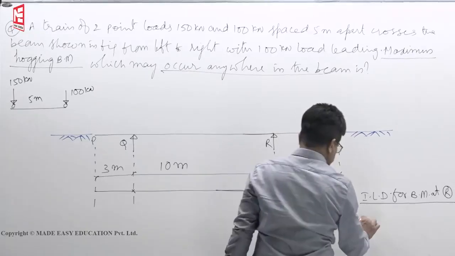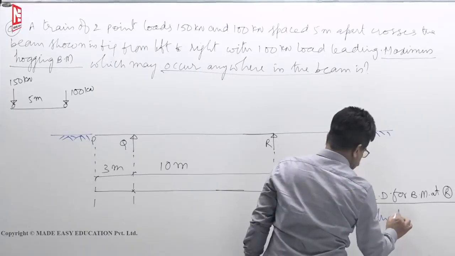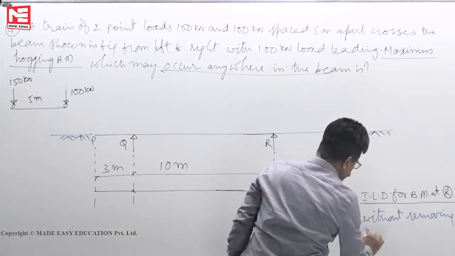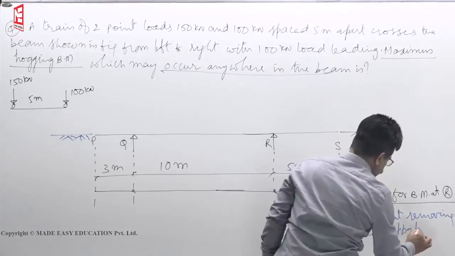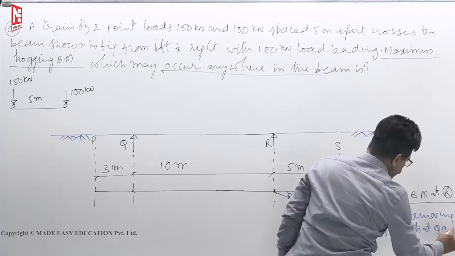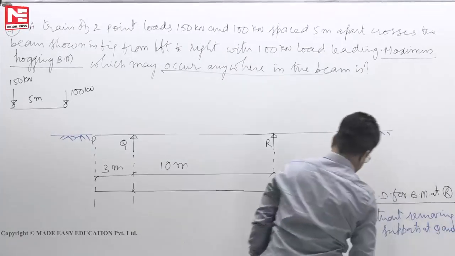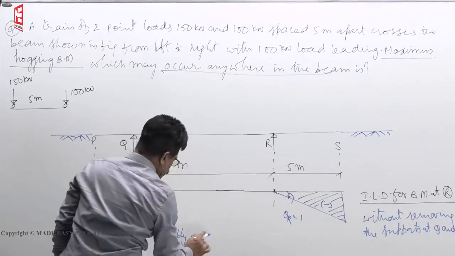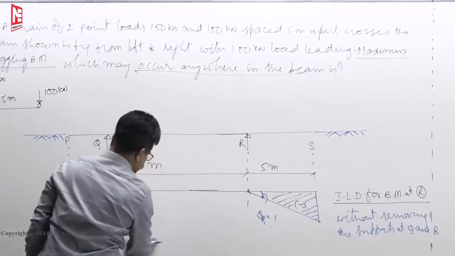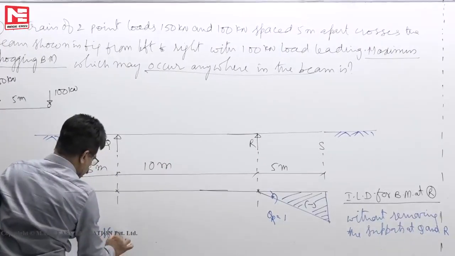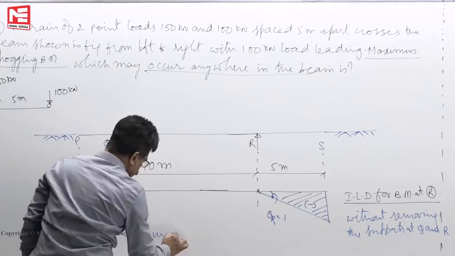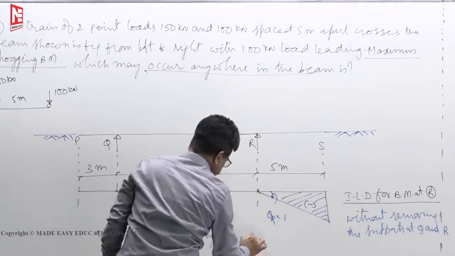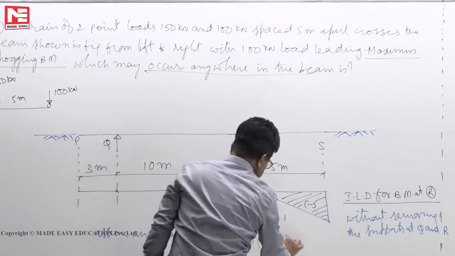I think this process we haven't tried. Without removing the supports at Q and R, assume an imaginary hinge at R and apply unit rotation.